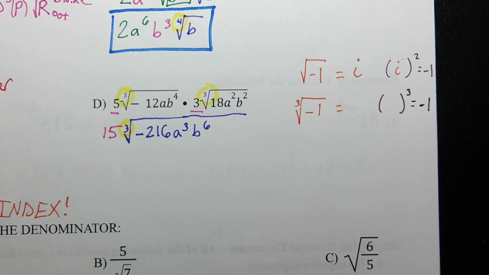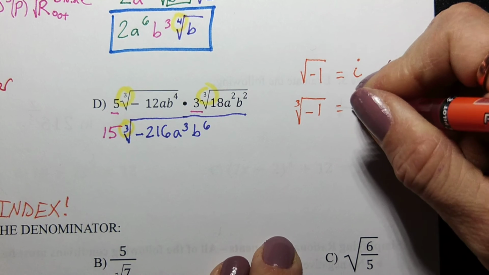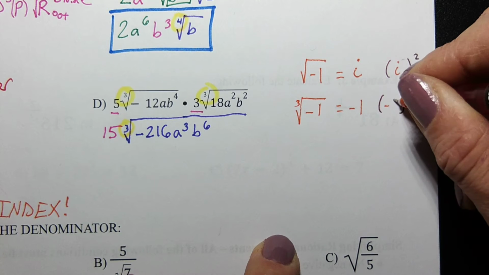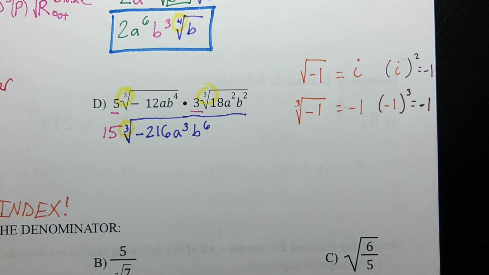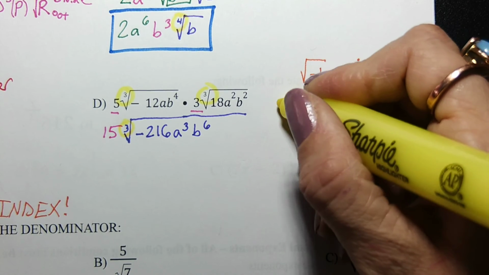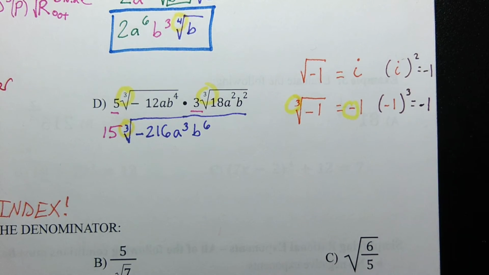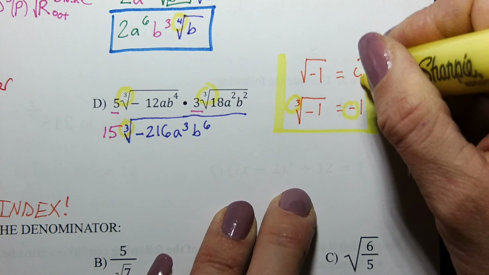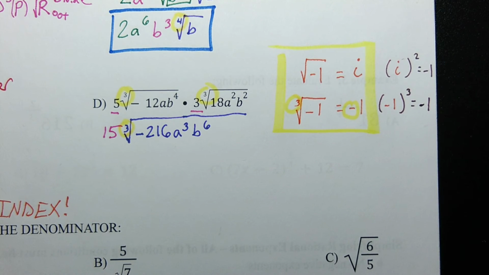What cubed gives me negative 1? Negative 1. So we have something different here when we have an odd index radical. With an odd index, negatives come out as negatives. With an even index, like a square root or a fourth root, negatives will still come out as i.